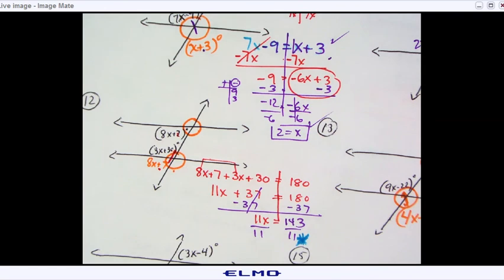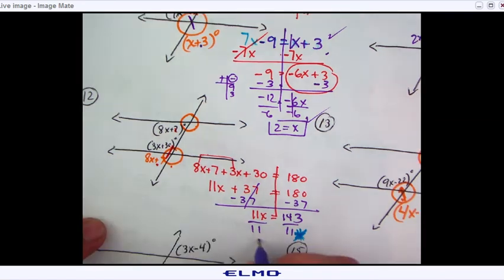I need my calculator. 143 divided by 11 is 13. So there's your answer. Works out nicely. X equals 13.